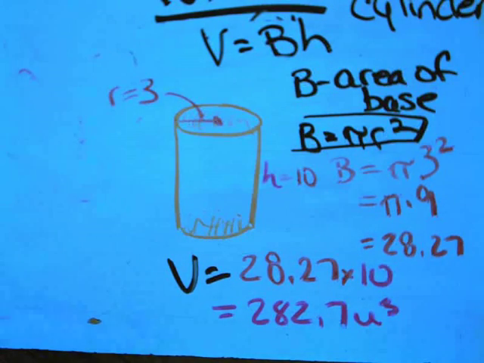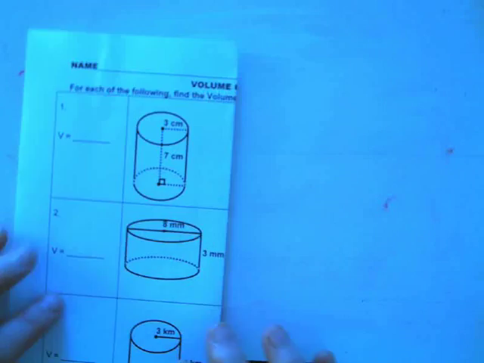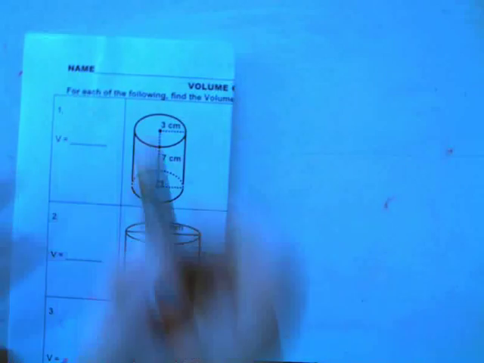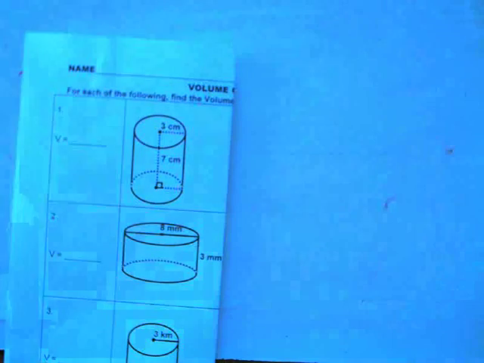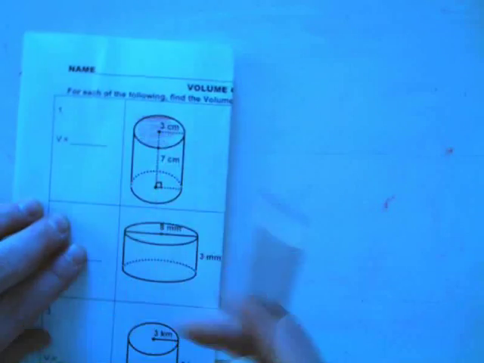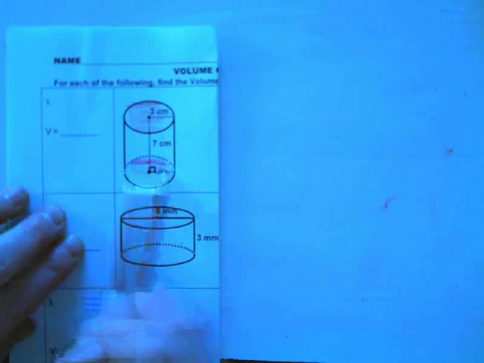Let's look at some examples. Okay, so the first example, we have this cylinder. And the first thing I'm going to do is say, well, I know I have a cylinder. So this is my base. And this is my base.